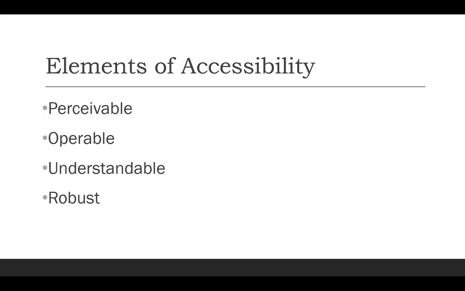And finally, there's robust. And that means we want it to be compatible with a lot of different devices. So this includes mobile and computer, desktop, and tablets. It includes being able to work in different operating systems and browsers.